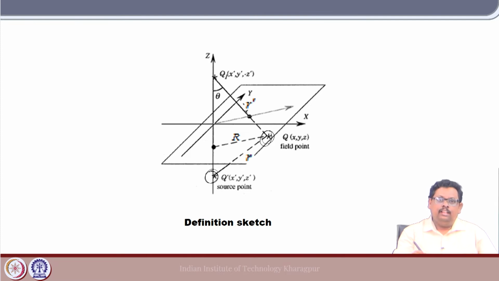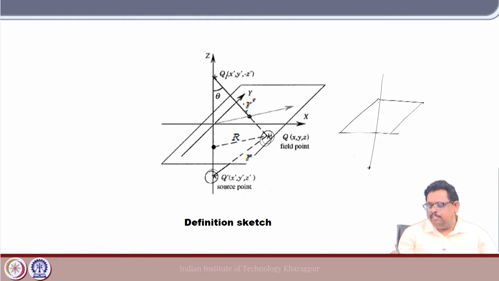And then if you take the image about the horizontal plane, so that means if I draw a horizontal plane, and now if I have below it the source point and maybe some field point here. So, if I take the image about this horizontal plane on the top, that is nothing but the image point, or you can call it the mirror point about the xy plane, the horizontal plane.